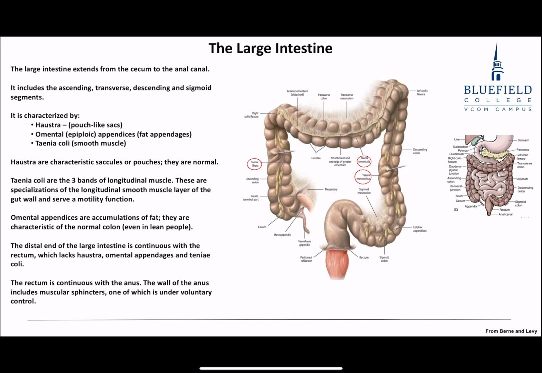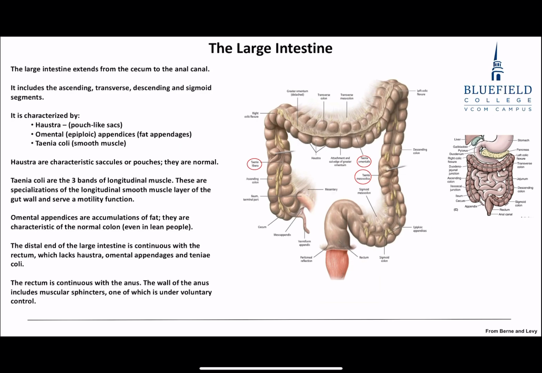And the outer longitudinal layer in the small intestine is very uniform, forming just a uniform layer of smooth muscle. But in the large intestine, you have the longitudinal muscles, but in 3 different places they're thickened to form these ribbons, which we refer to as the taenia coli. And these taenia coli, I think, also explain the haustra, those little saccules.